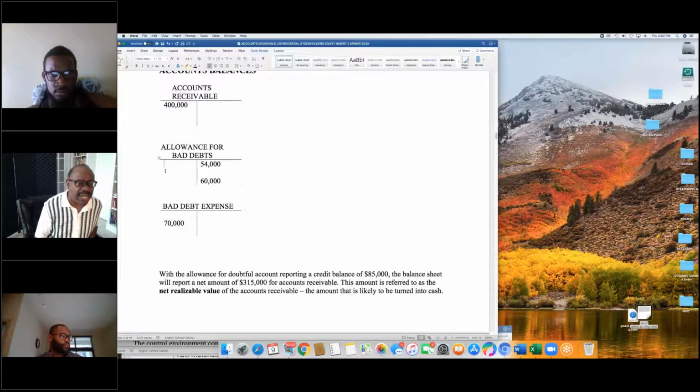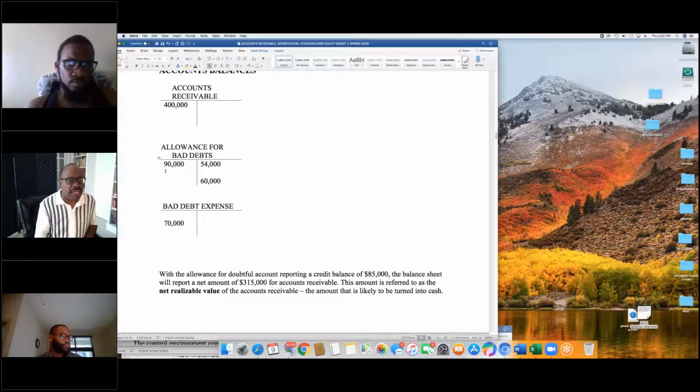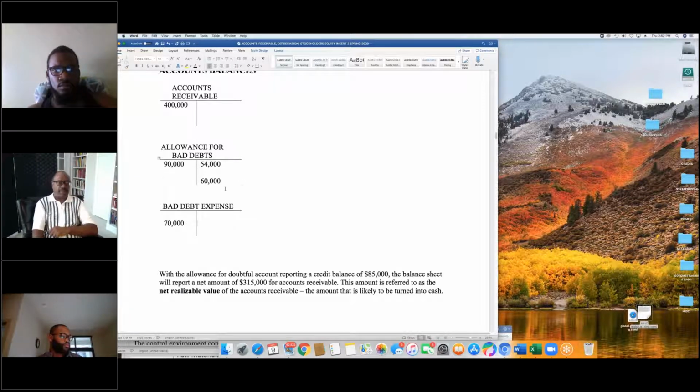When we write the account off, that's when we debit it. That's when we know exactly who is not going to pay. So we started off with 54. We wrote off 90. And so the balance after the write-offs is 36,000, right?